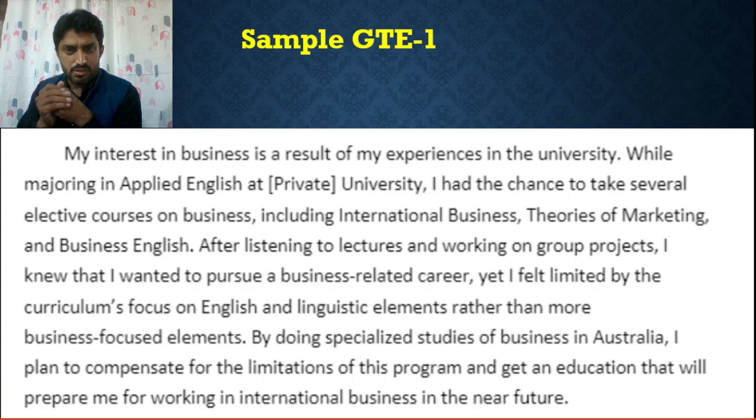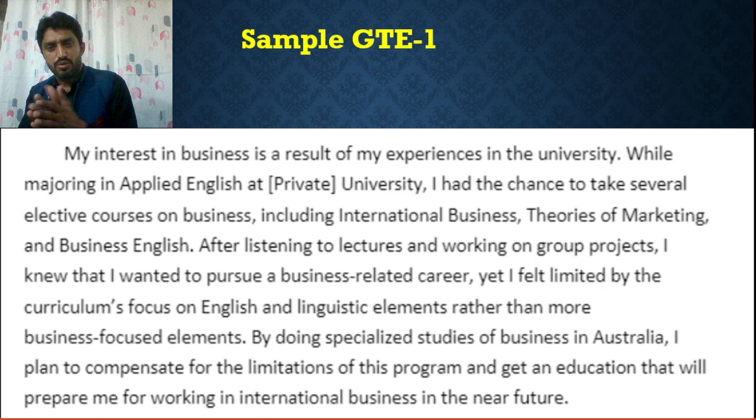By doing specialization studies of business in Australia, I plan to compensate for the limitations of this program and get an education that will prepare me for working in international business in the near future. So in this section, it has discussed how this program is important to study in Australia and its future prospects.